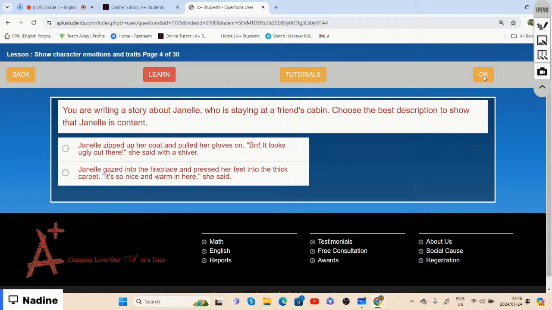It says option one, Janelle zipped up her coat and pulled the gloves on. "Brrr, it looks ugly out there," she said with a shiver. Or is it option two, where Janelle gazed into the fireplace and pressed her feet into the thick carpet. "It's so nice and warm in here," she said.